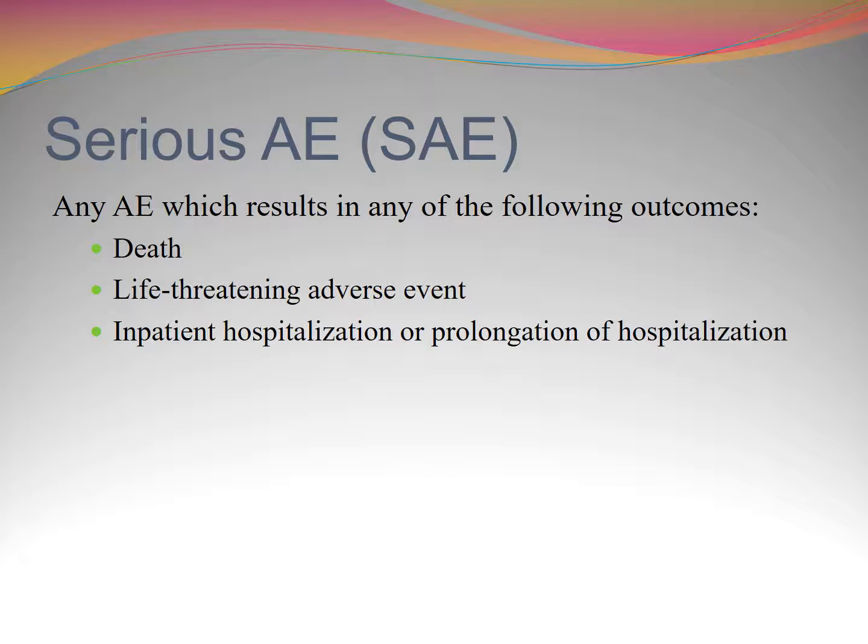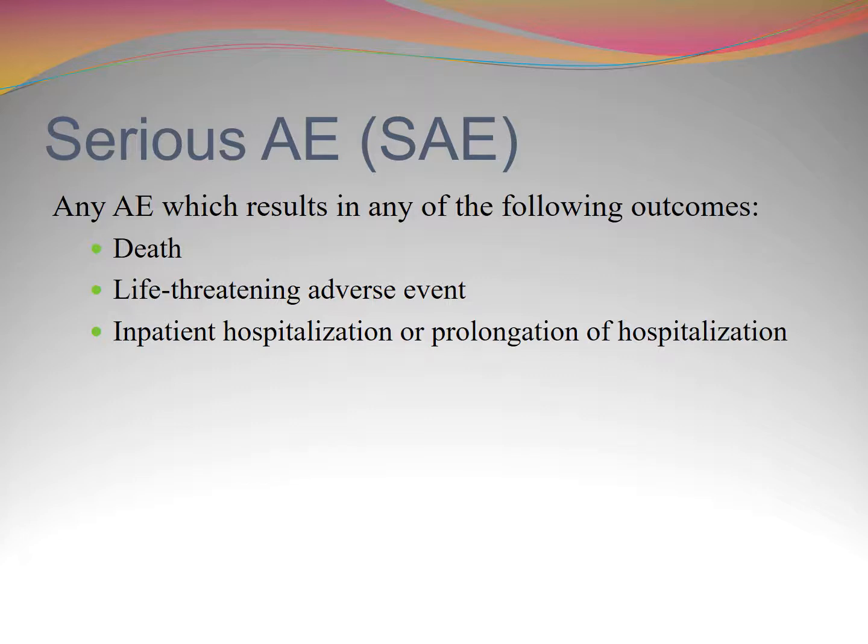Now this is a little tricky here. An SAE is also prolongation of hospitalization. So a patient is in the hospital for pneumonia, and the expected length of stay for that hospitalization is 5 days. The patient falls on the way to the bathroom and breaks an ankle or a hip, and ends up staying in the hospital for 9 days.